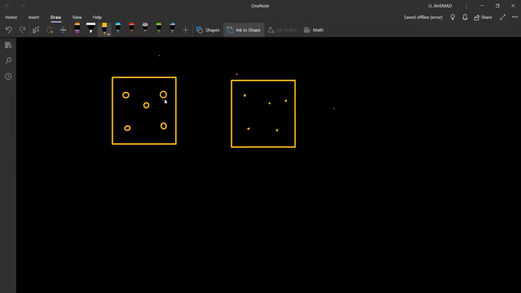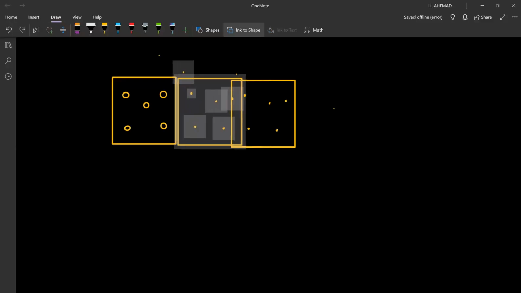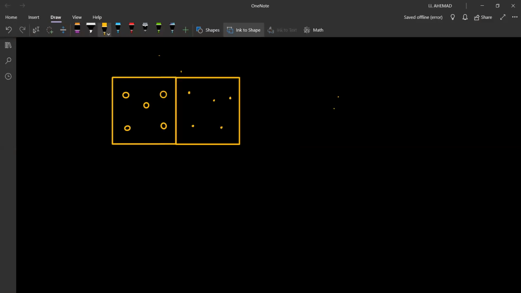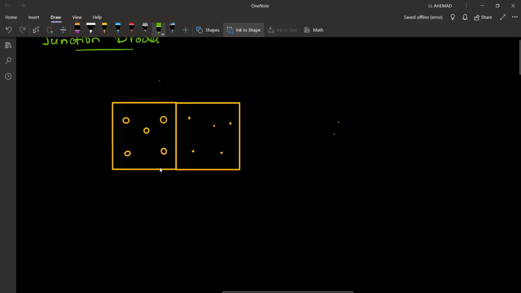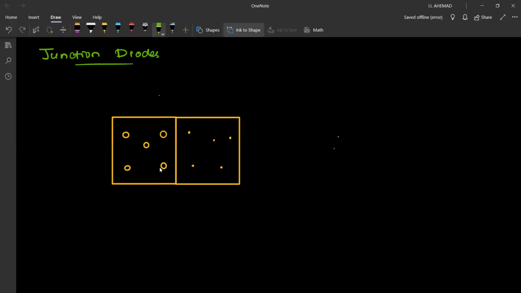This p-type semiconductor and this n-type semiconductor, both of them are made in a single block of semiconductor. That means they are joined together, just like this. When they are joined together, on this side of the junction we have more holes.